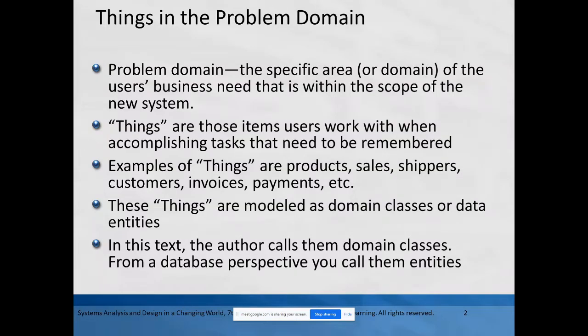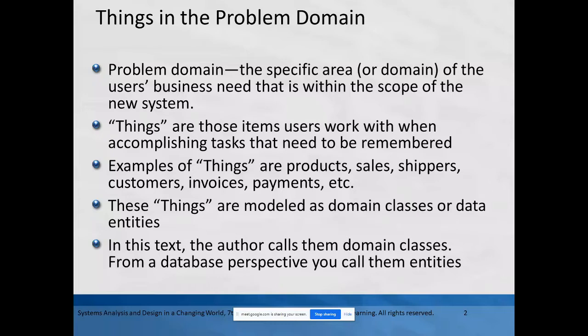And this is where, again, I diverge from the text a little. I'm going to cover the text and what they talk about, but I do think there are some pretty significant problems with the way he talks about it. That's this fourth bullet point, where he gives two options for how you would model these things: one as a domain class or as a data entity.